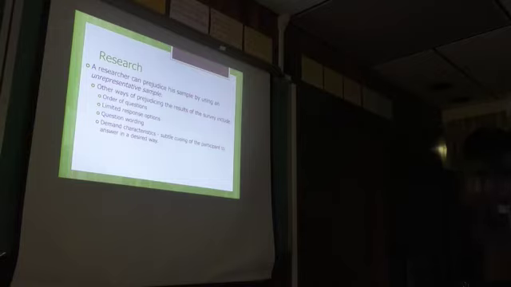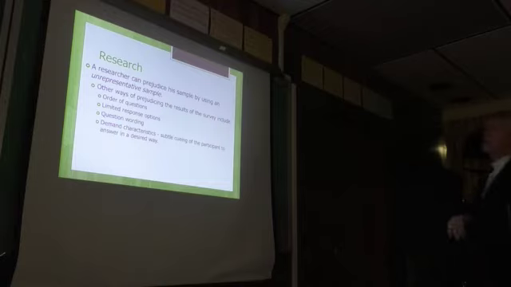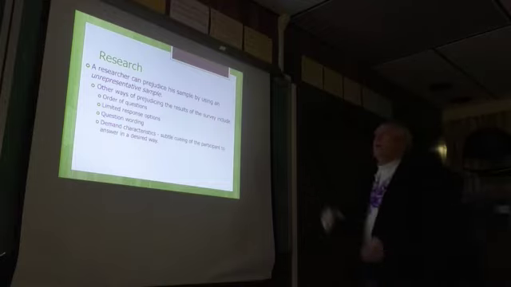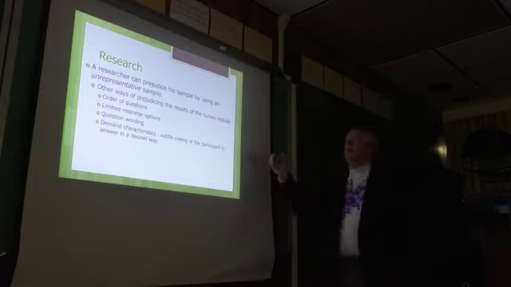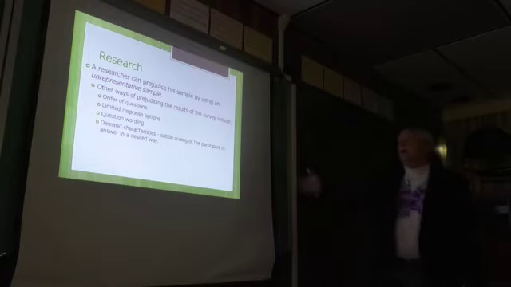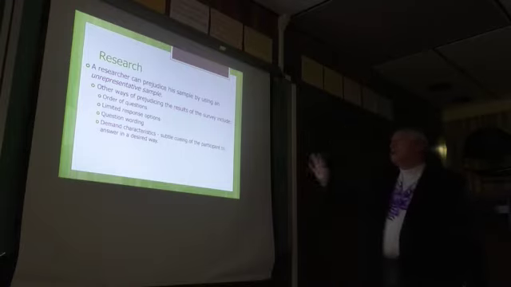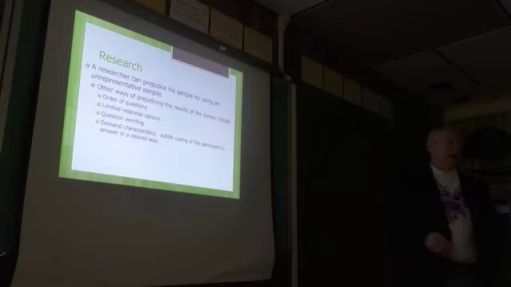A researcher can prejudice his sample by using an underrepresentative sample. Other ways of prejudicing the results of the survey include order of questions, limited response options, question wording, demand characteristics, subtle cueing of the participants to answer in a desired way.